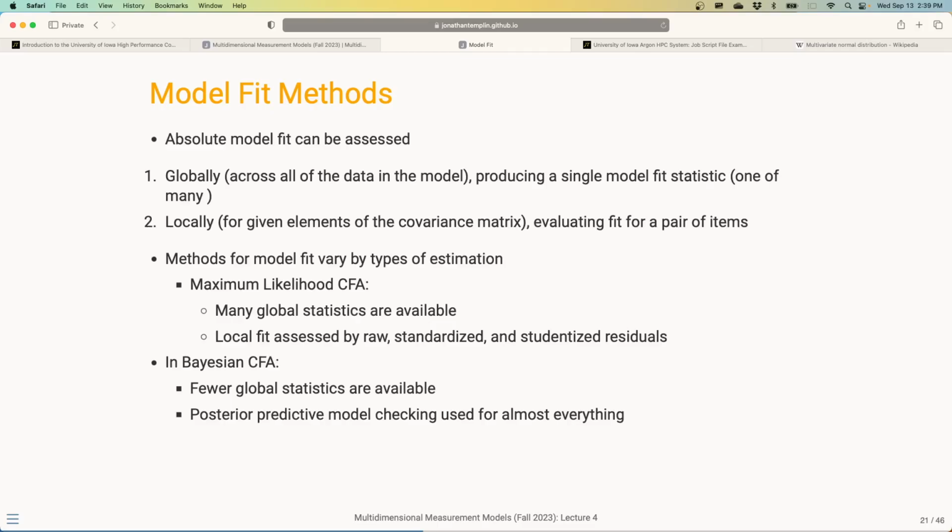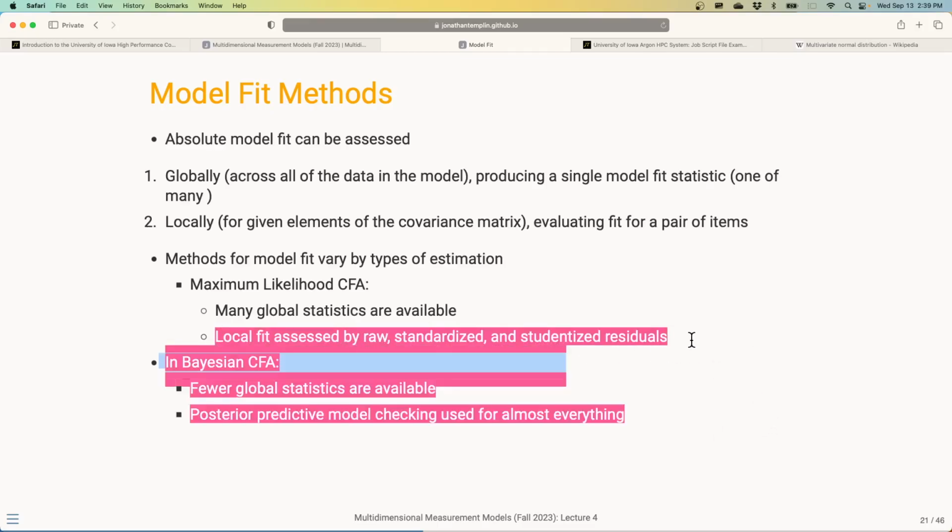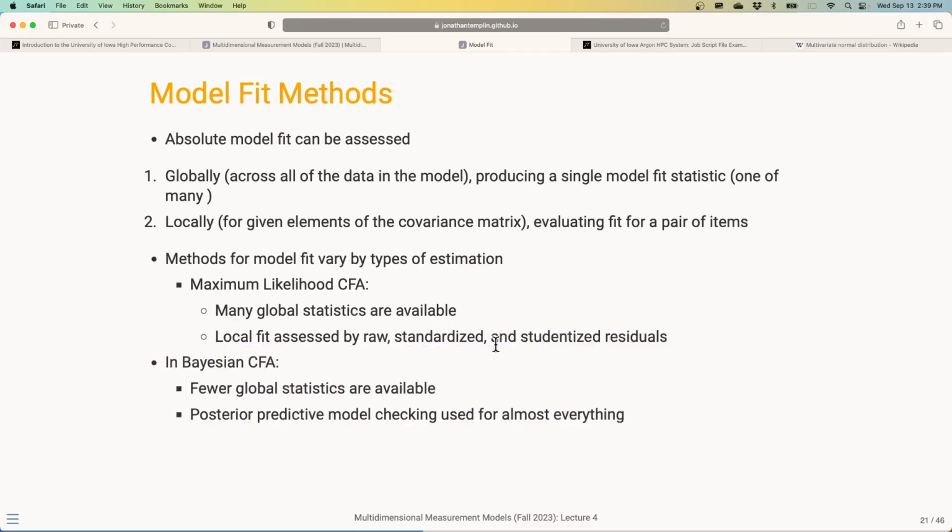Furthermore, the methods vary by estimation. Now this is where the estimation starts to throw a difference. In ML-based work, likelihood ratio tests are used quite a bit. And not only that, we can derive what we need to understand what the distribution of residuals should be.